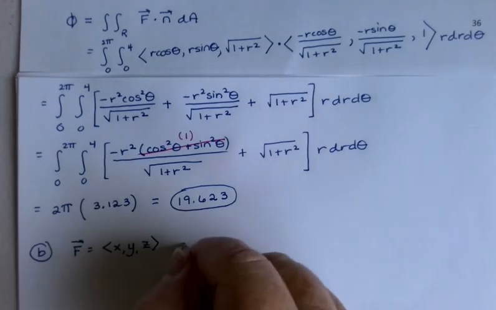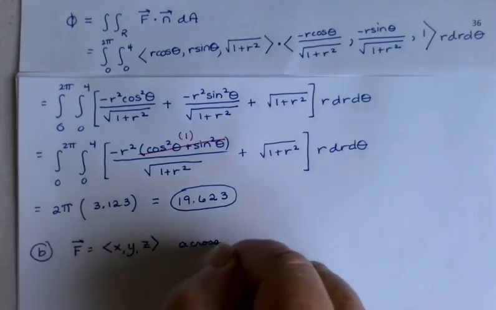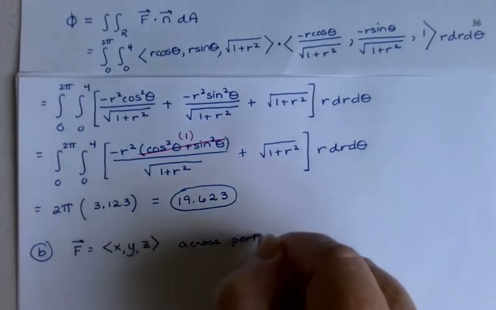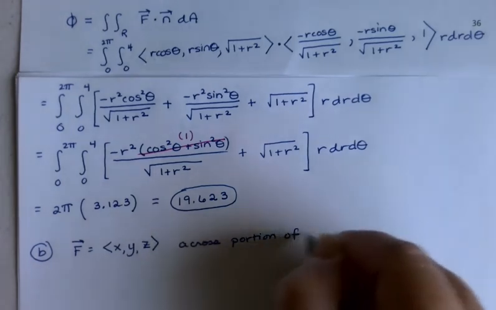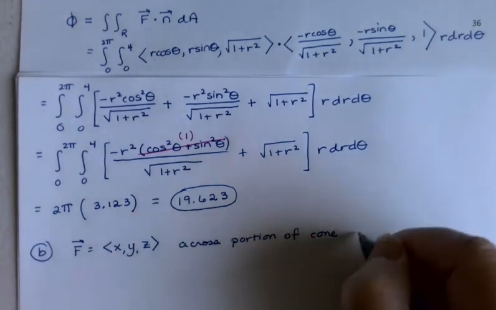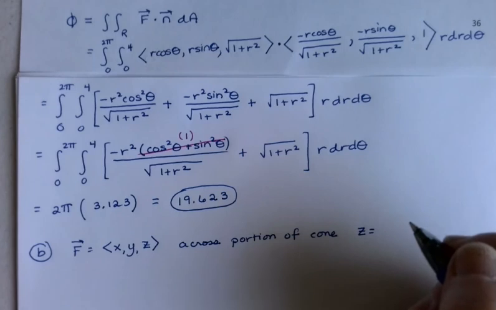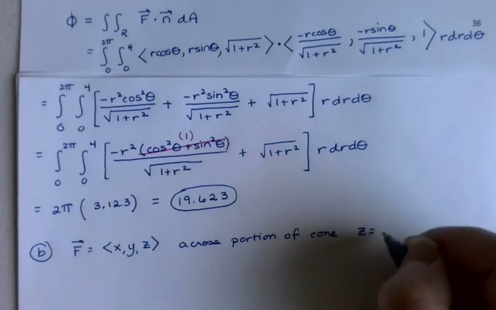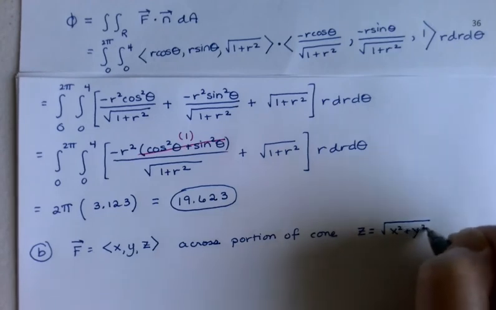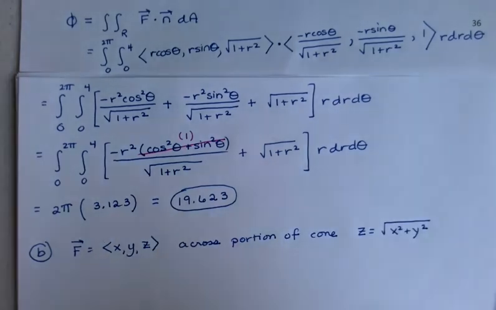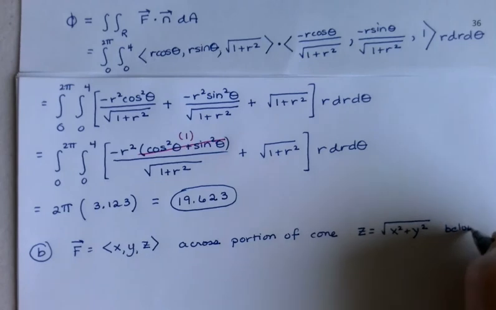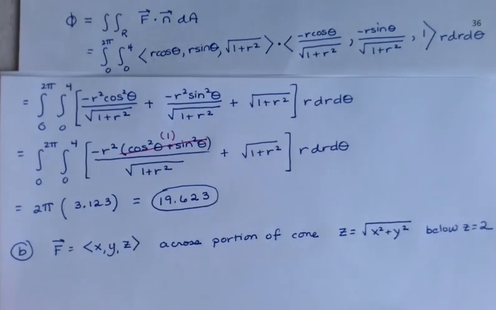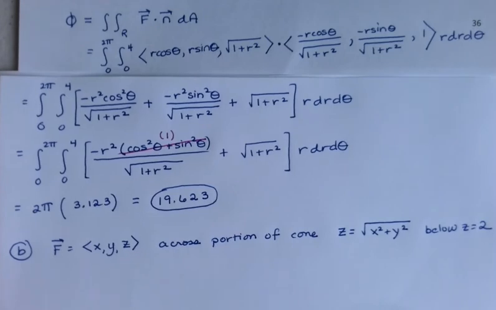This time, we were looking for the flux across the portion of the cone z is equal to the square root of x squared plus y squared. And we only wanted to do this below z equal 2. Right. So that's part B.